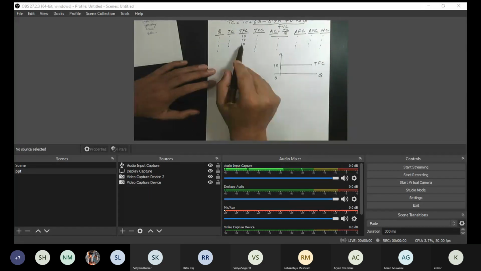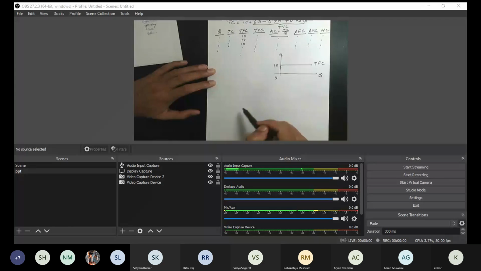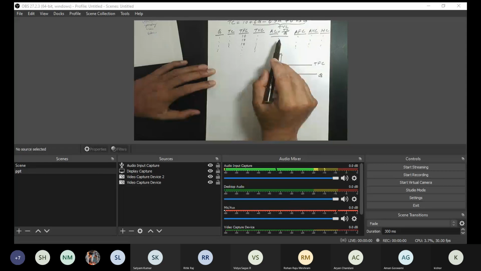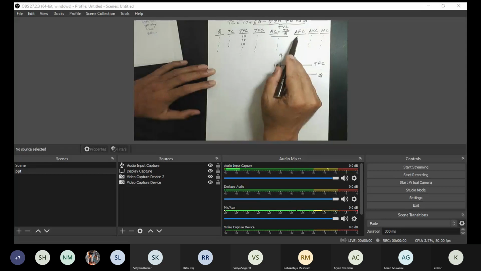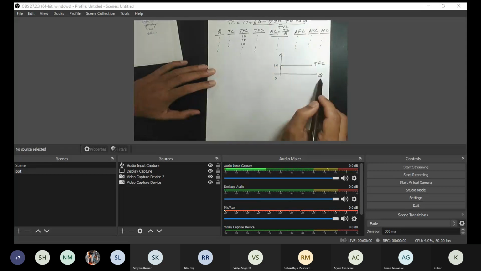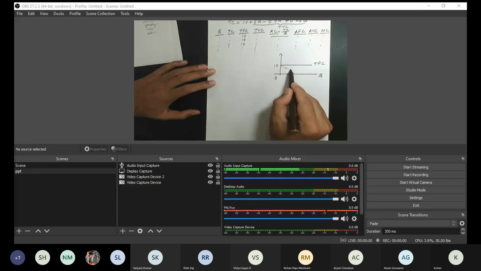See here, total fixed cost, 10. It's a straight line. What will happen to AFC? TFC divided by Q. So it will go on decreasing. More and more of Q means what? Denominator is increasing, which means it will go on decreasing. Okay.